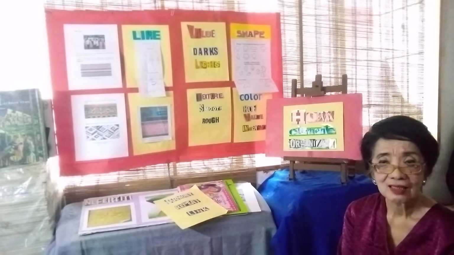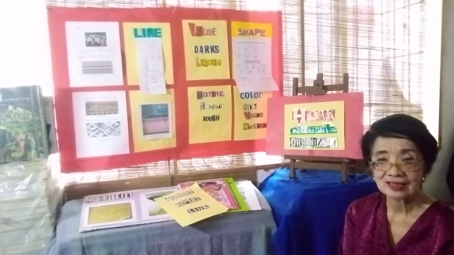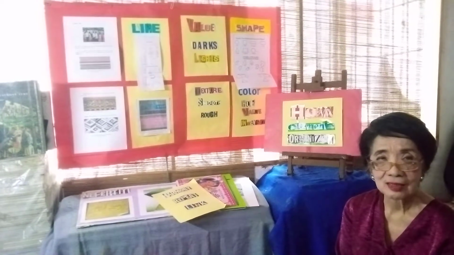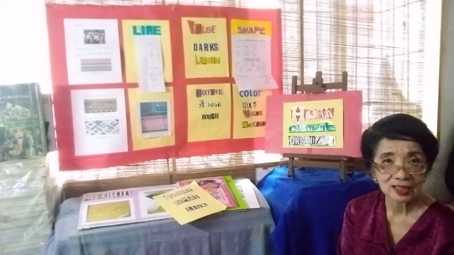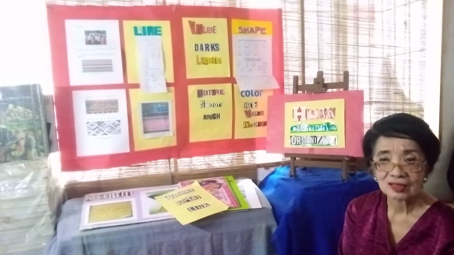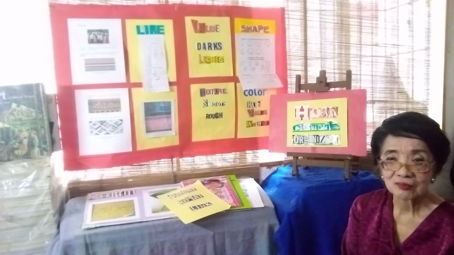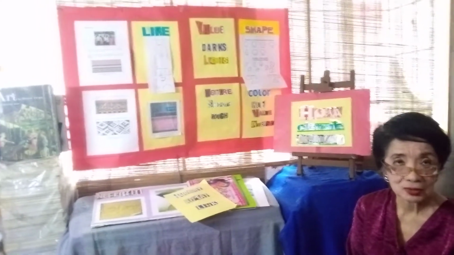What is line? Well, if you go to mathematics, they say one point to the nearest point consists of a straight line. But that is not all, because that straight line can be disturbed. It may not be continuous.